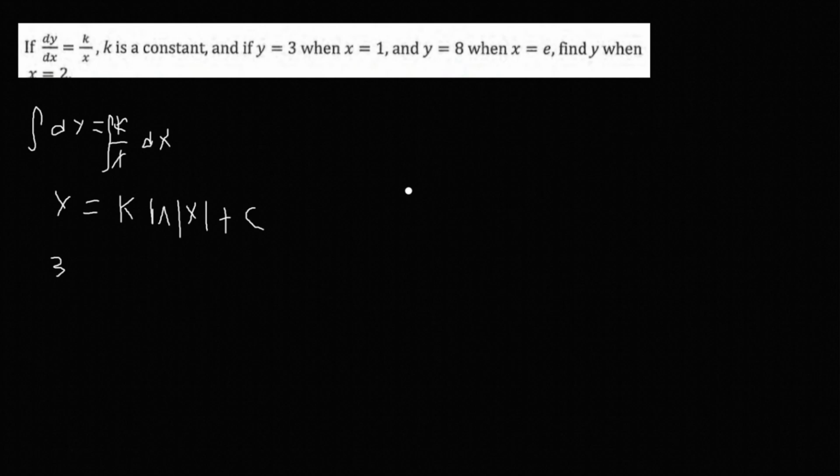Okay, so let's do 3 is equal to k ln 1 plus c. Well, ln 1 is 0, so it doesn't matter what k is. C is 3, because ln 1 is 0.